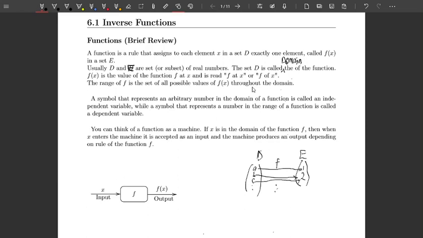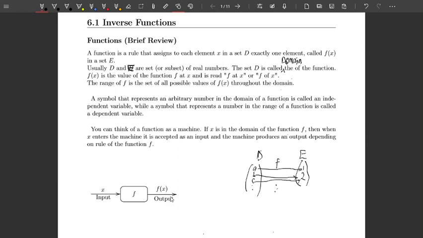Sometimes it would be nice for you to think about functions like machines. If you have a machine, it does something. So if you put something, maybe an input, into a machine, it transforms it according to the rule of that machine to give you an output. For instance, think about a blender.